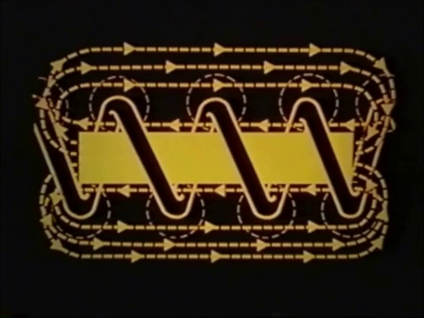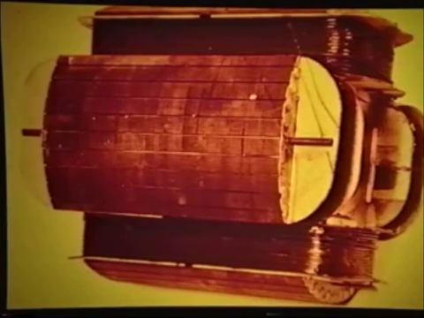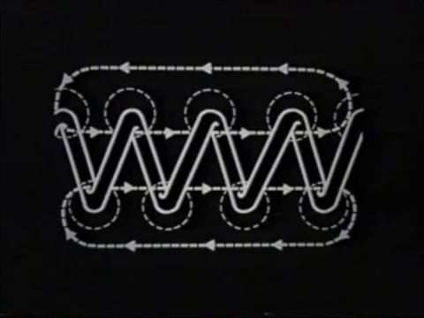Now let's briefly review the basics of electromagnets, because the rotating field of a brushless alternator is in fact an electromagnet. An electromagnet consists of a soft iron laminated core around which the field coils are wound. During part 1 of this series, we saw how a direct current flowing in a coil produced a magnetic field.